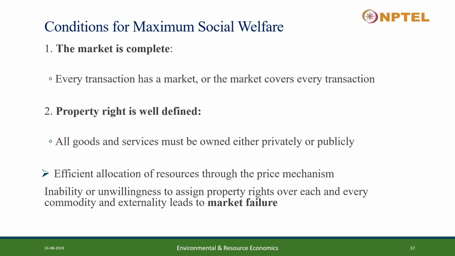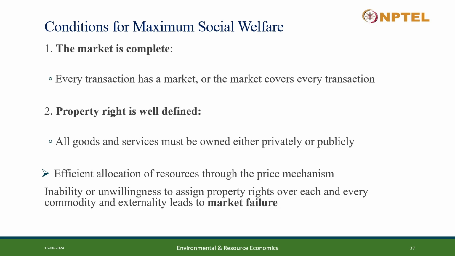Okay, so let's say that the objective of market is to maximize the social welfare, right? So, what are the conditions to maximize the social welfare? The first condition is that market should be complete. That is, every transaction should have a market, or the market covers all the transactions. And second is property right should be well defined.